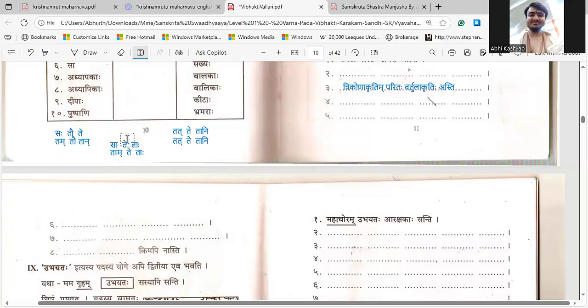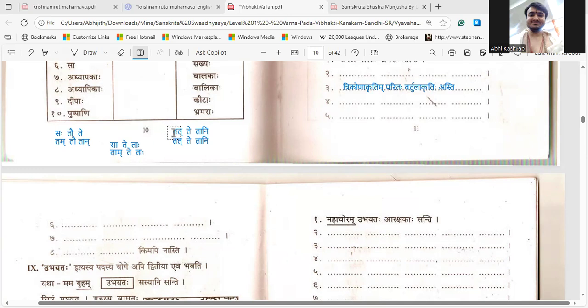Ekavachana, dvivachana, and then bahuvachana. So sa, te, taha. What is the Dvitiya Vibhakti form? Tam, te, taha. What is Dvitiya Vibhakti used for? For karma. Karma karaka.